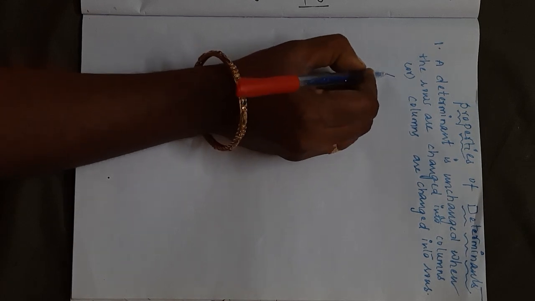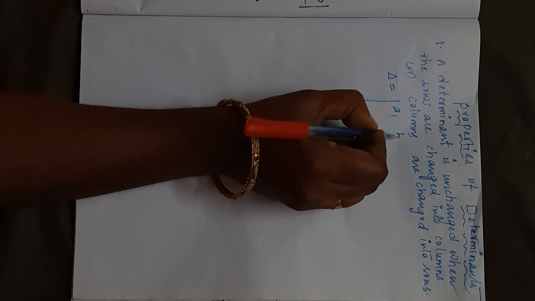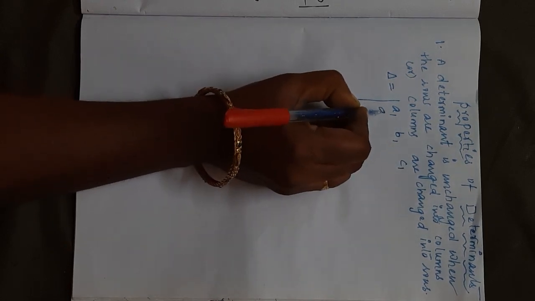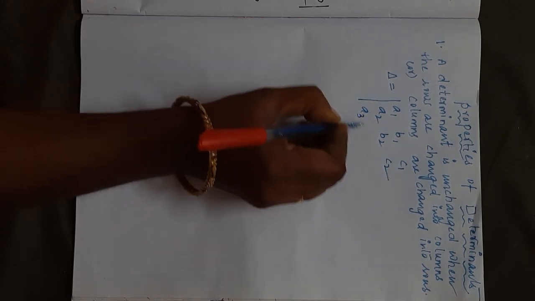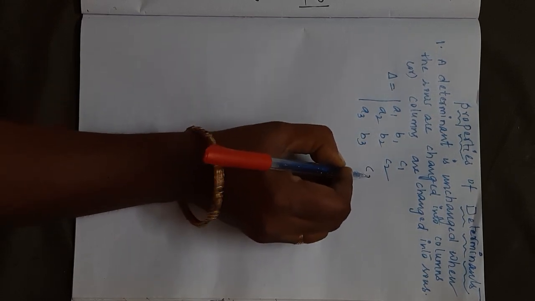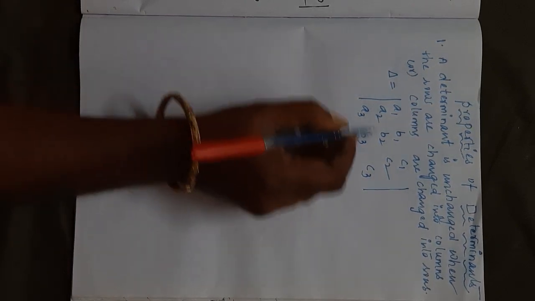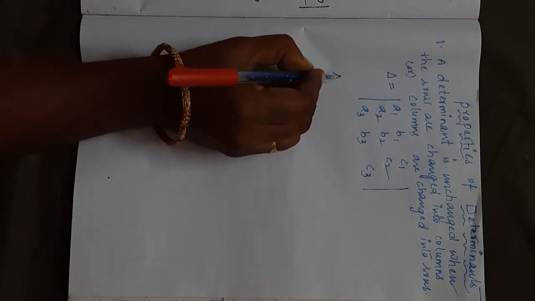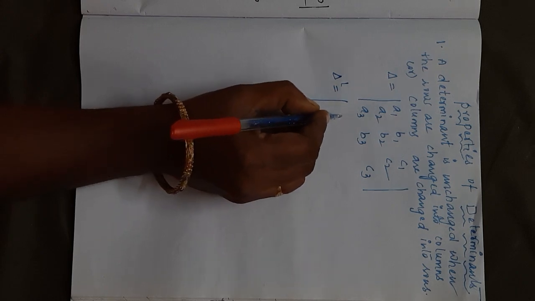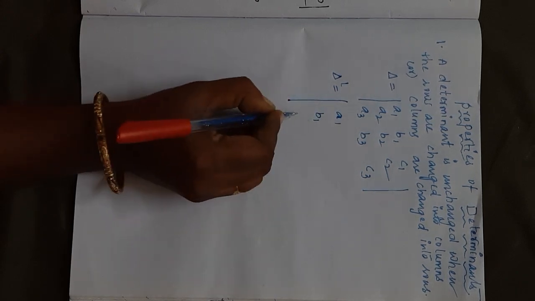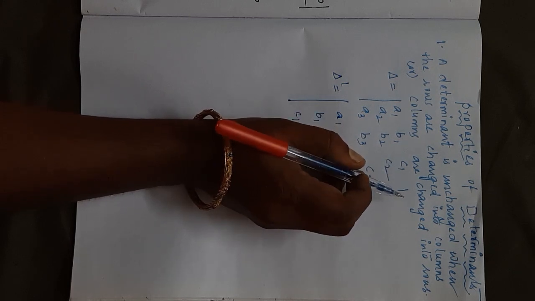Suppose delta equals A1, B1, C1, A2, B2, C2, A3, B3, C3. If you change the rows into columns, that is delta dash, it is equal to A1, B1, C1 as the elements in column 1, which were the elements in row 1.